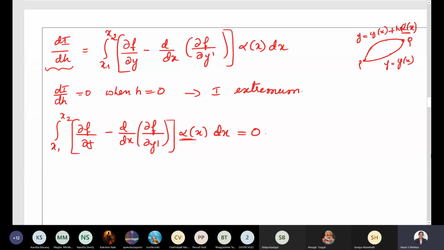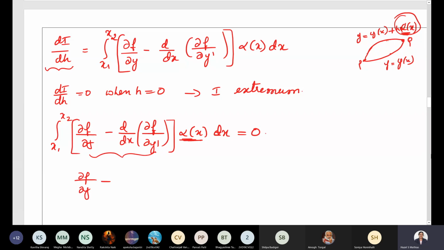We will have different values for alpha. It is completely varying on this curve. As alpha of x is varying, what is remaining is only this term.